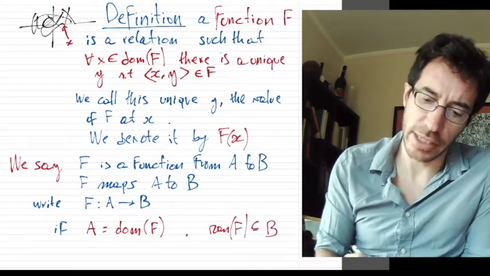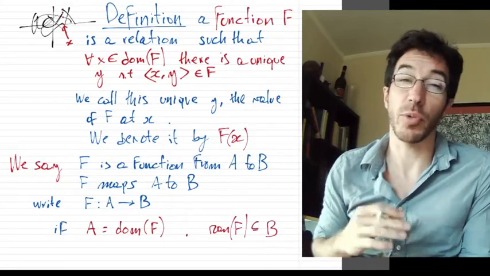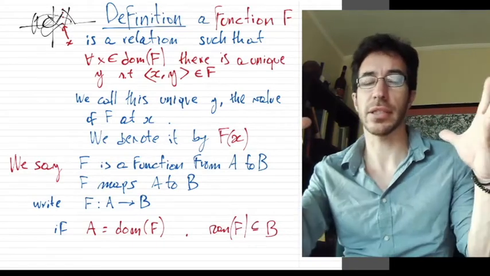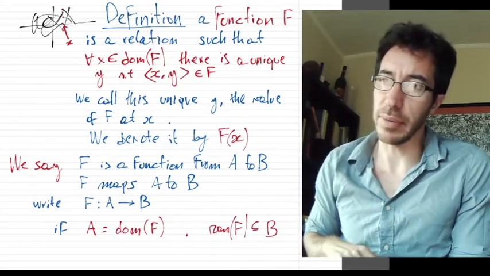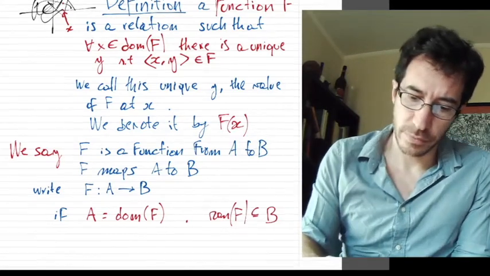Notice that to say the function goes from A to B, we don't require B to be exactly the range, just something that contains the range. The image of all the values of f is going to be inside.